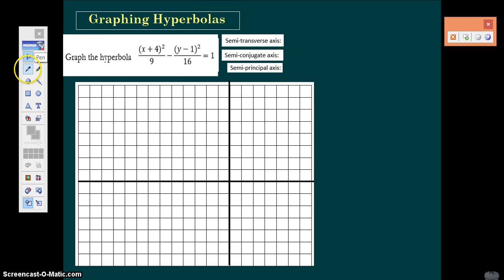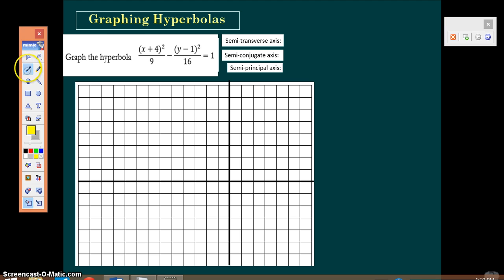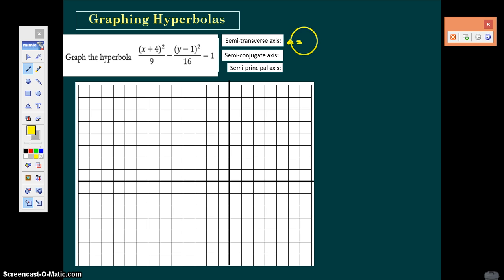This hyperbola will be horizontal since the positive term is x. So let's find the lengths of these important parts. The semi-transverse axis is the counterpart of the semi-major axis in your ellipse, so it's also A. A is equal to 3, of course A squared is 9. The semi-conjugate axis is the counterpart of the semi-minor axis in the ellipse.